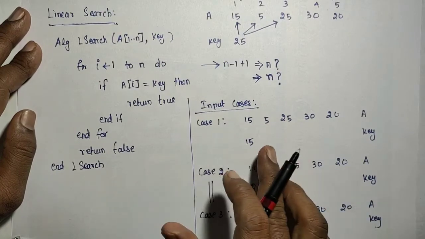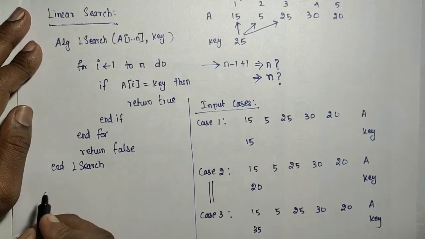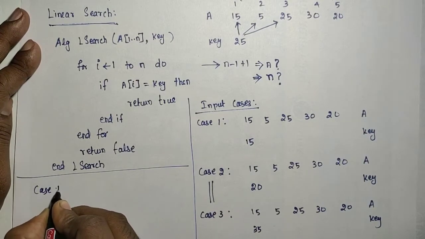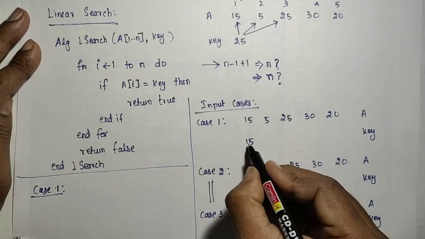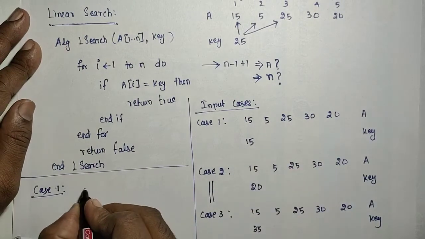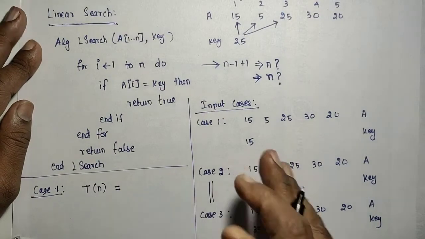Case 1 is what? The element is present at the first position. So in case 1, if the element is present at the first position, the execution time does not depend on the input size.